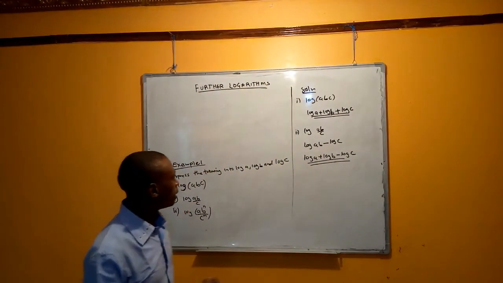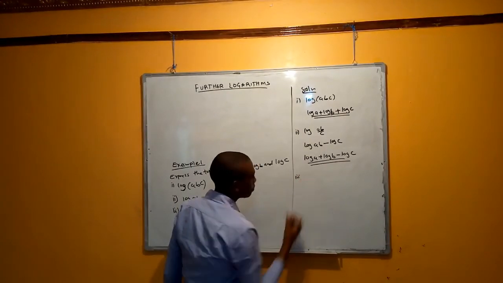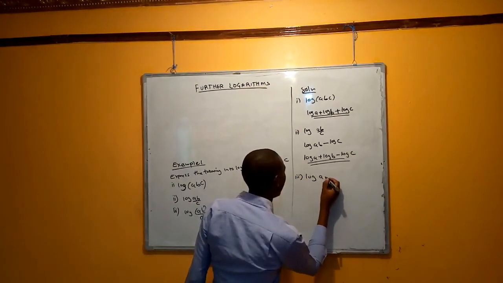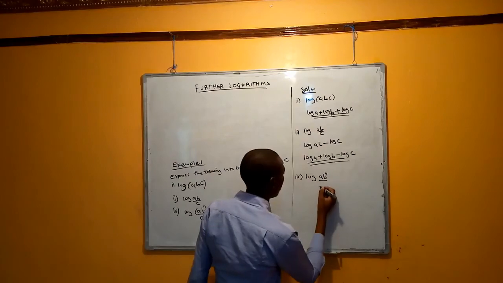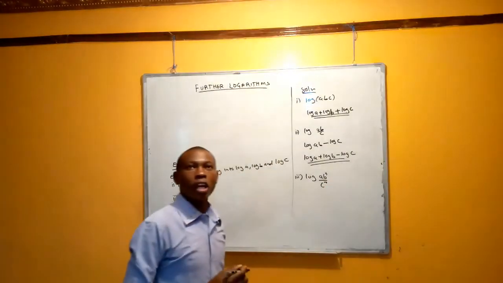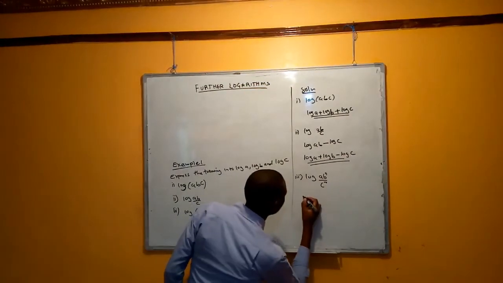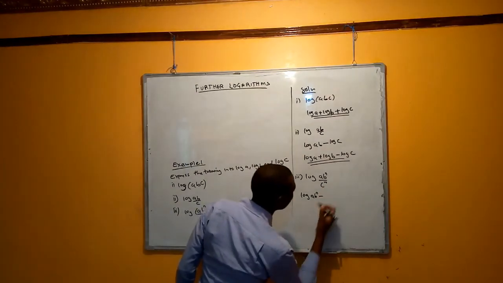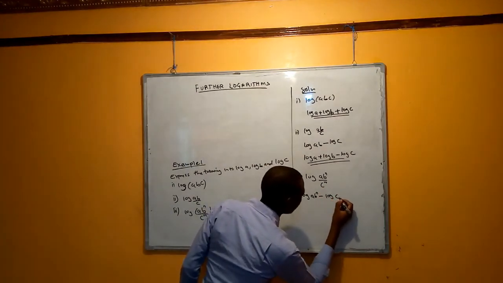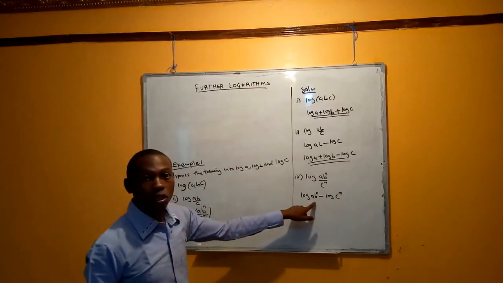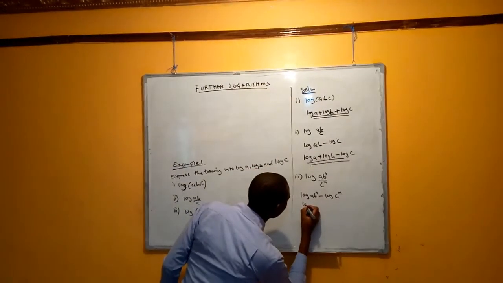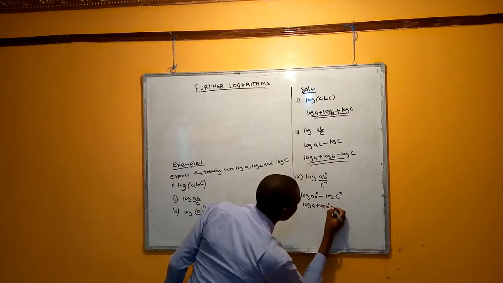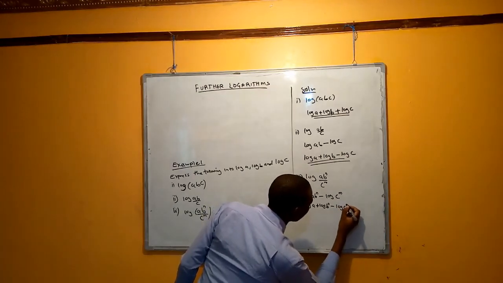Then the third one, we have log of AB to the power N over C raised to power M. This means it is the same as saying log AB raised to power N, then division becomes minus log C raised to power M. But we can also break this again. So we will have log A plus log B^N minus log C^M.